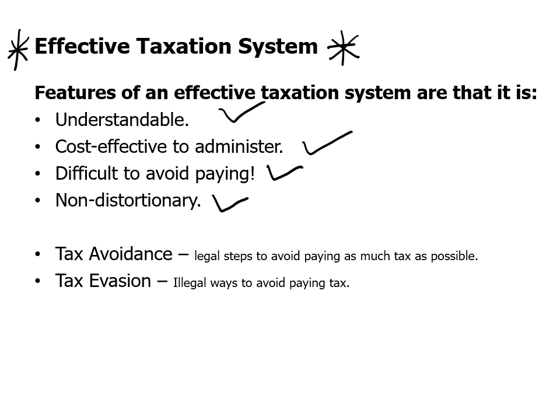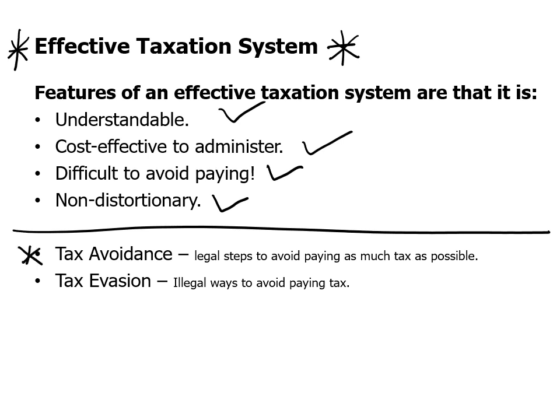Now, it's also important to note that there are certain ways to reduce your tax burden. The legal way to do it is by what we call tax avoidance. These are legal steps to avoid paying as much tax as possible. For instance, going to see your accountant or a lawyer and doing a self-assessment to reduce your tax burden.